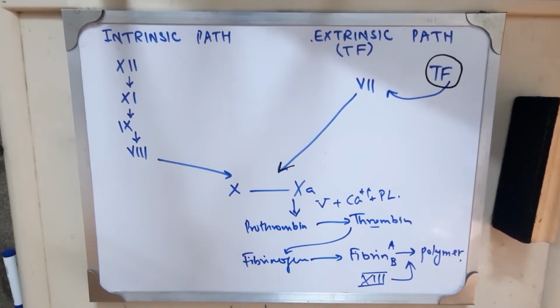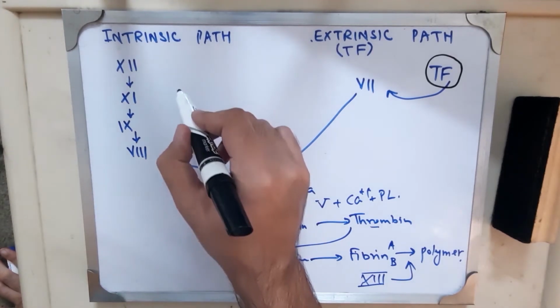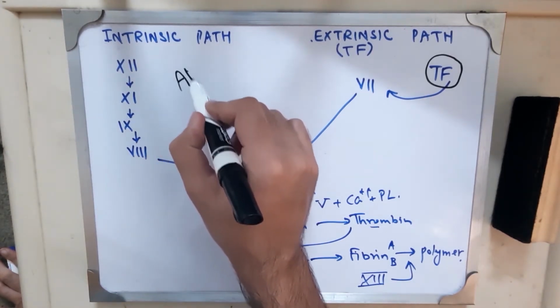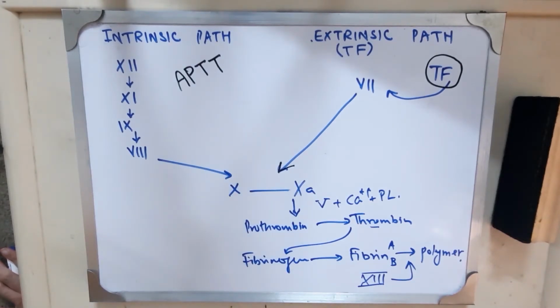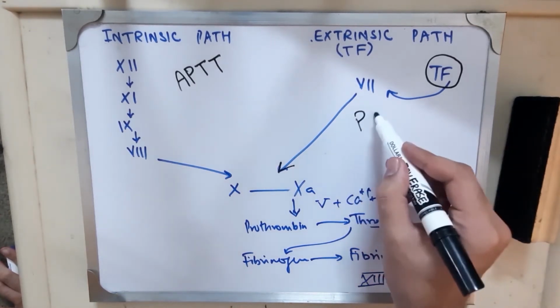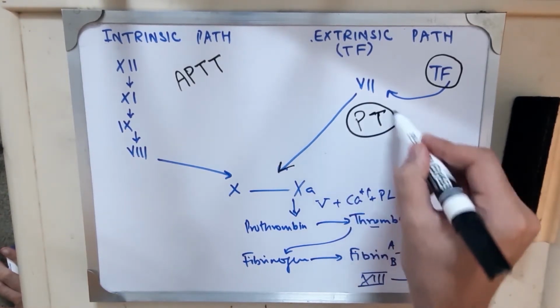Now we will go through the tests for coagulation. To check the activity of the intrinsic pathway, we use activated partial thromboplastin time. To check the activity of the extrinsic pathway, we can use prothrombin time.